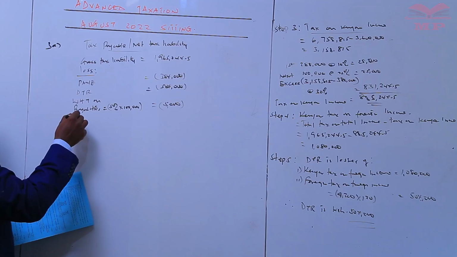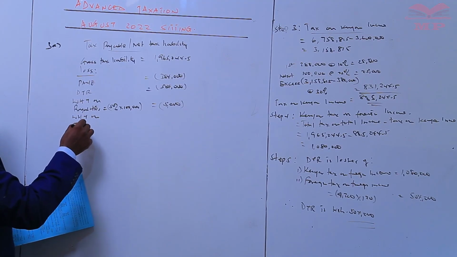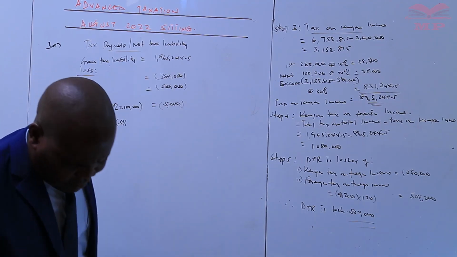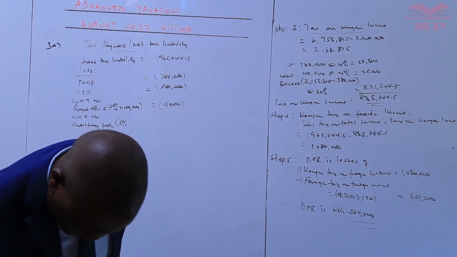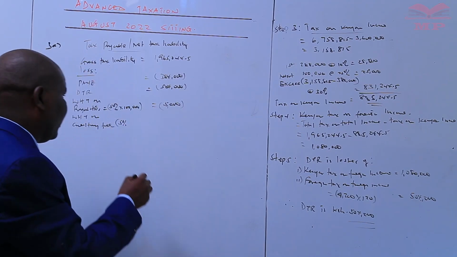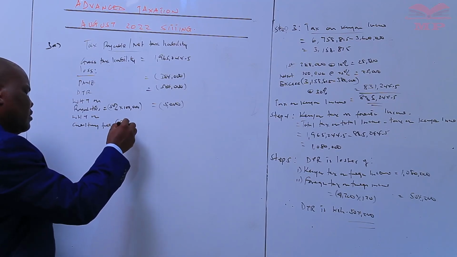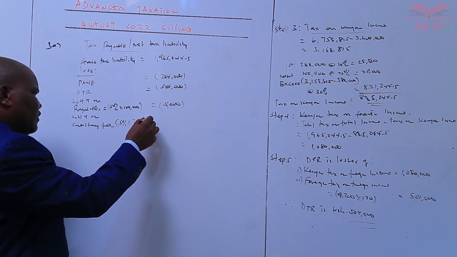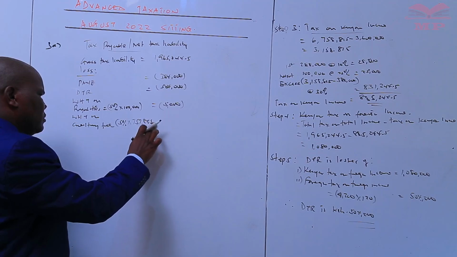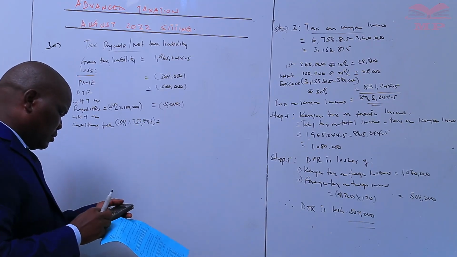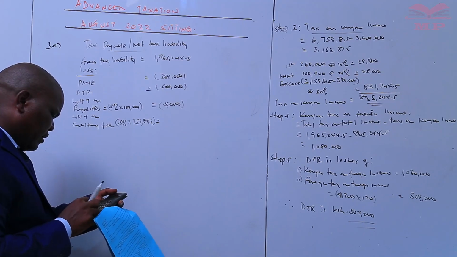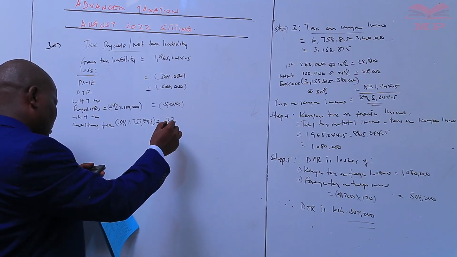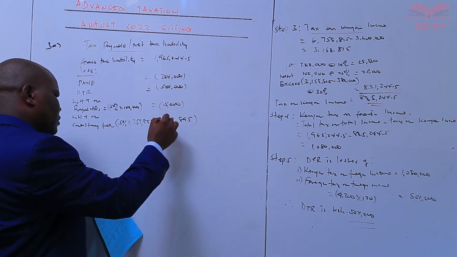Then we have withholding tax on consultancy fee. 5% of gross consultancy fee we got to be 757,895. 5% of that, you work it out. 5% of 757,895 should be 37,895.